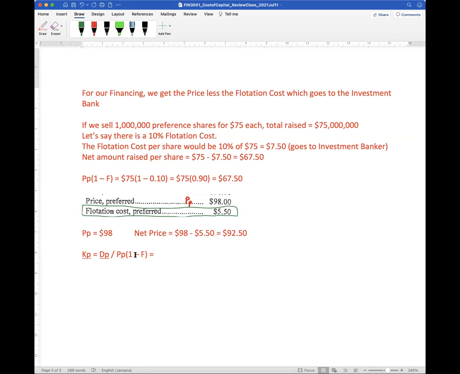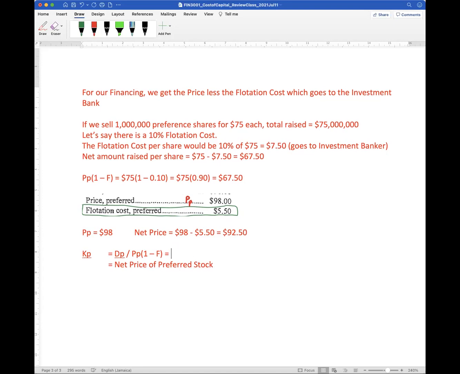So the formula here can be rewritten as the dividend divided by the net price of the preferred stock. Once you have that, all we're doing now is straightforward division.